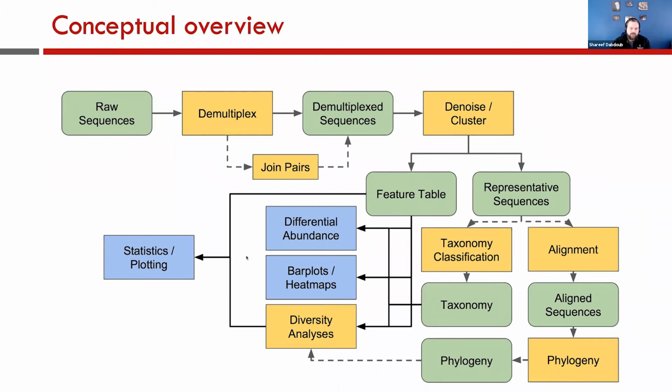So again, we start with raw sequences. We demultiplex if necessary. Depending on the kind of sequence data, this isn't so much of an issue anymore with the MiSeq or HiSeq machines, but the old 454 machines used to multiplex all the sample sequences into a single file with prepended barcodes that you would then have to bioinformatically pull apart based on those barcodes.